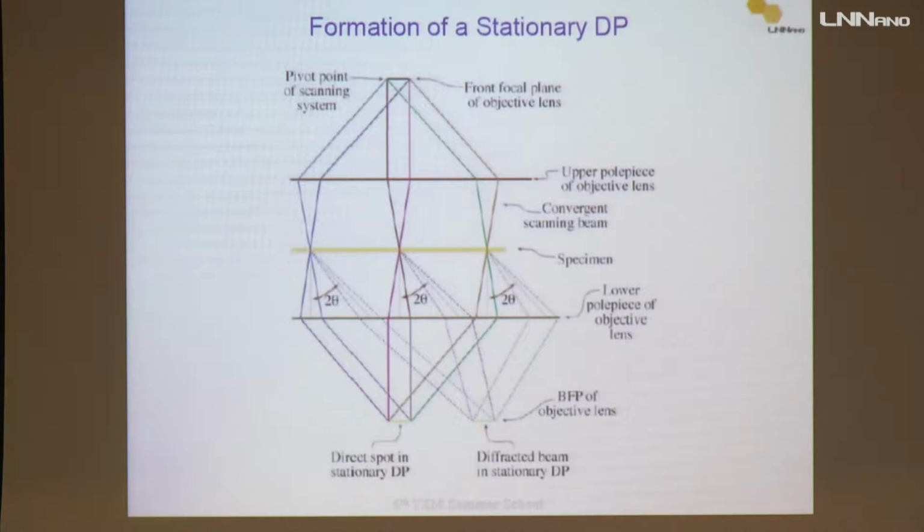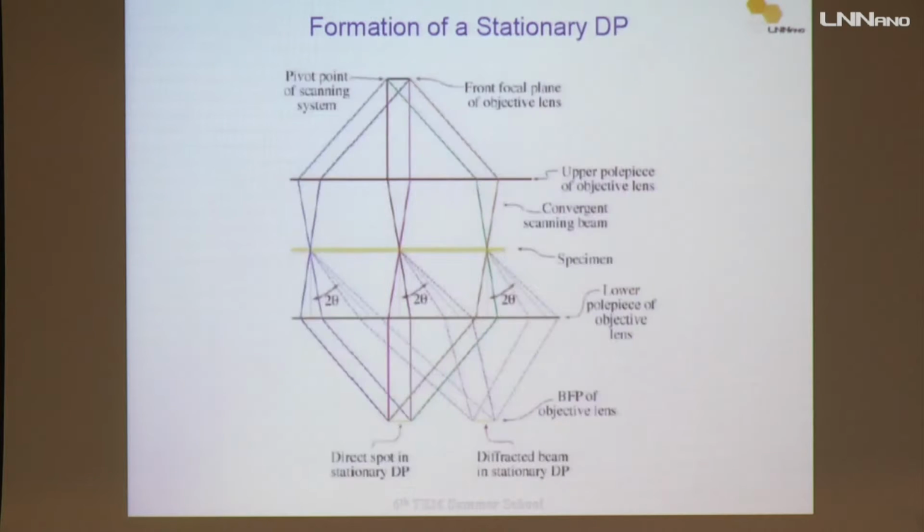During the scan, as you are parallel to the optical axis at all moments that you scan, you always will have the direct spot in the center, and the diffracted beams always in fixed positions related with the optical axis, okay?